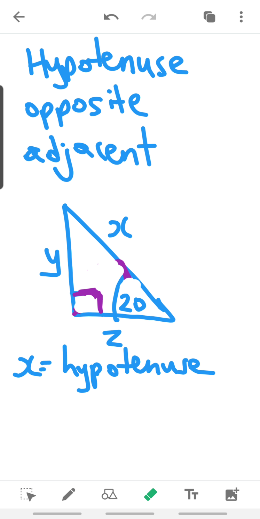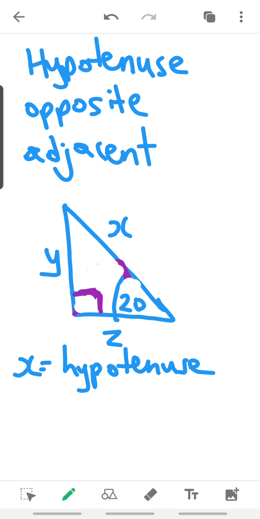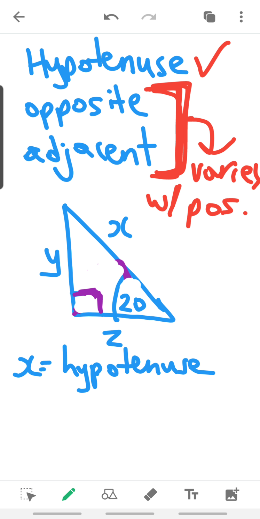Let's move on to the other sides now. So we have our opposite side. When we're talking about opposite and adjacent, because we all should definitely know how to identify the hypotenuse, we need to look at the given angle. Okay, so this actually varies with the position of the given angle.